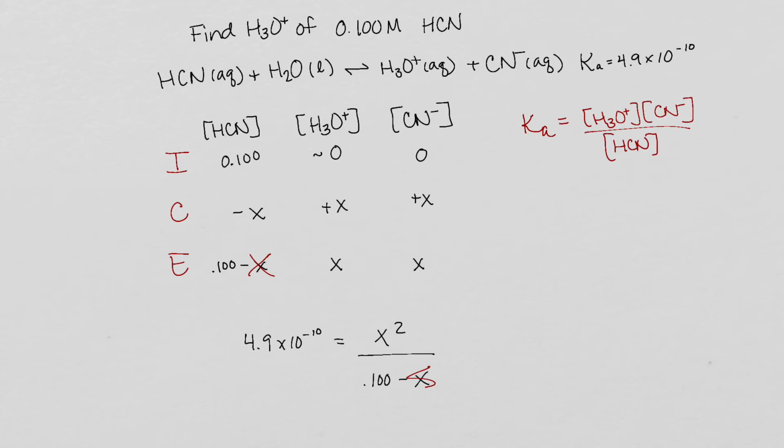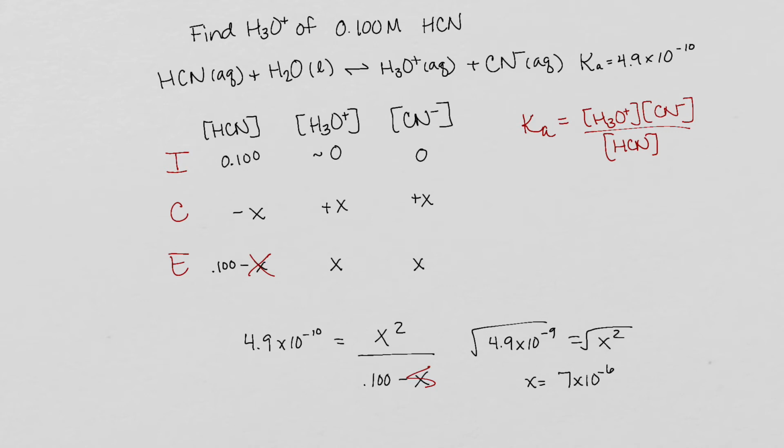I've got 4.9 times 10 to the minus 10th times 0.1 equals x squared. So I can write that as 4.9 times 10 to the minus 9th equals x squared. Take the square root of both sides, and my x value is now equal to 7 times 10 to the minus 6th.